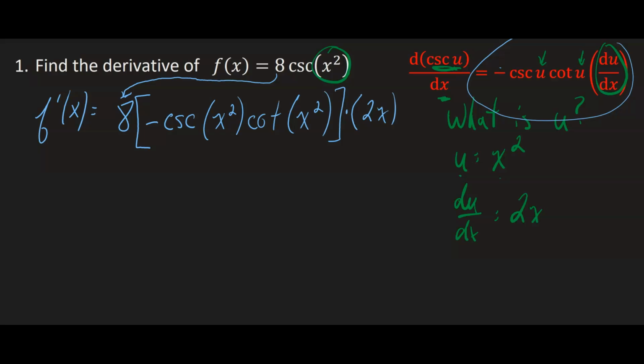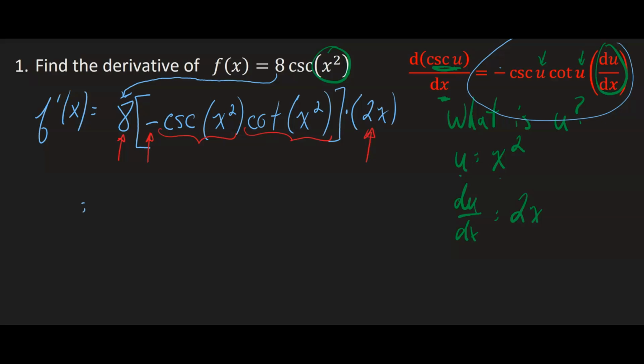Take a look at some things that you won't be touching. Cosecant of an angle, they stay bound together. We're not going to interfere with that. Cotangent of an angle, we won't interfere with that. However, the rest that we can tidy up is 8 times -1 times 2x.